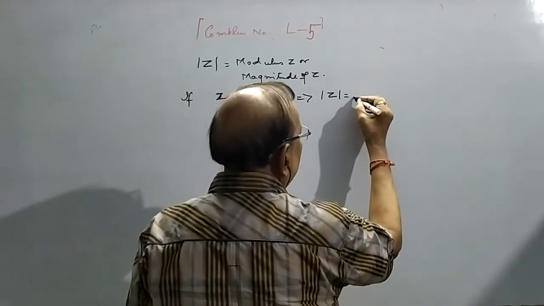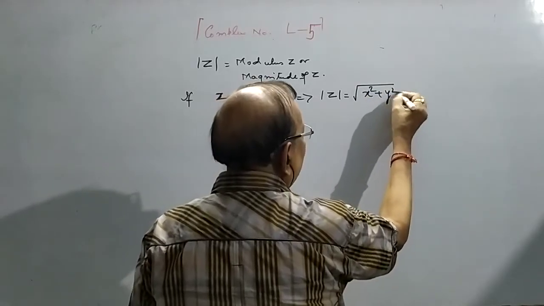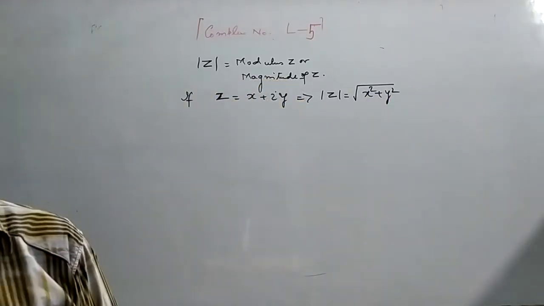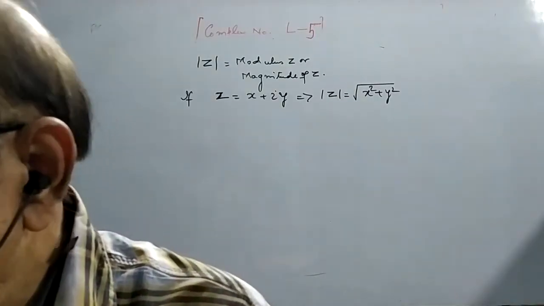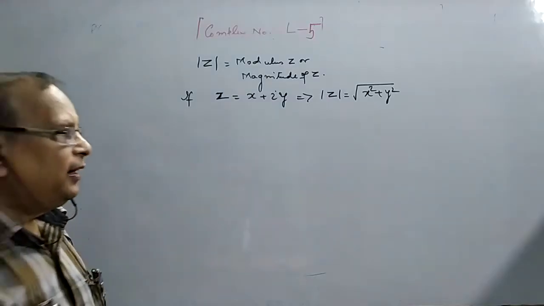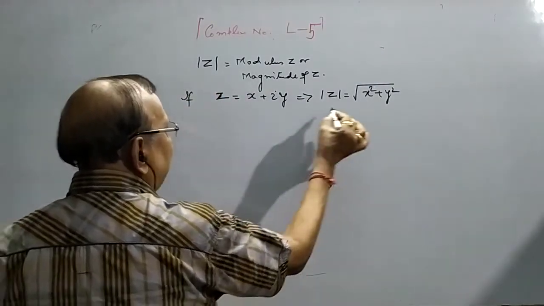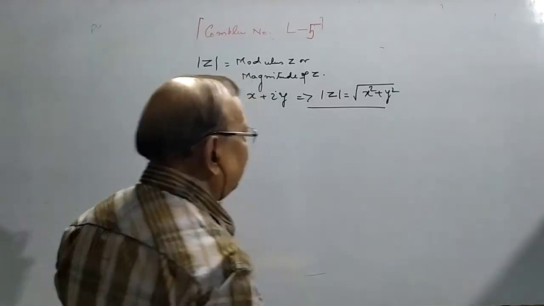It is equal to under root x square plus y square. Modulus you have studied, I think. It will always be positive, non-negative you may say.